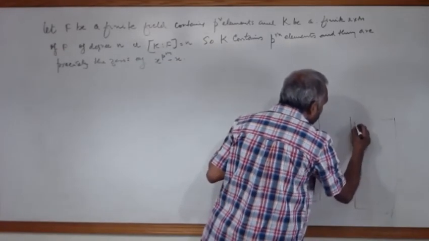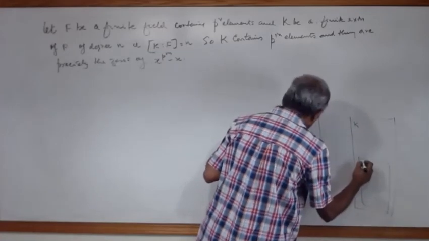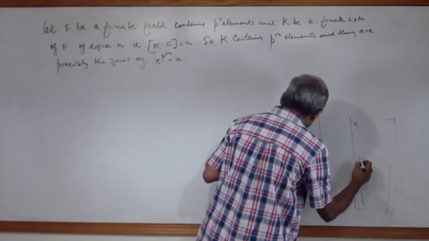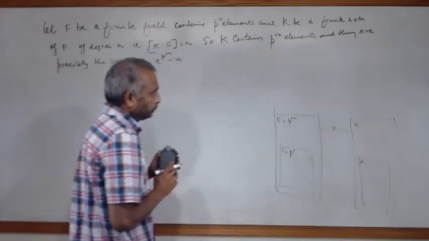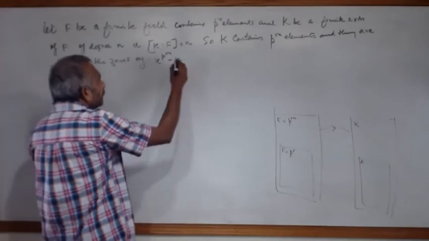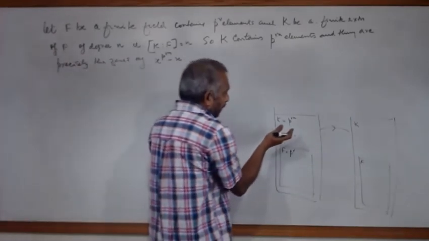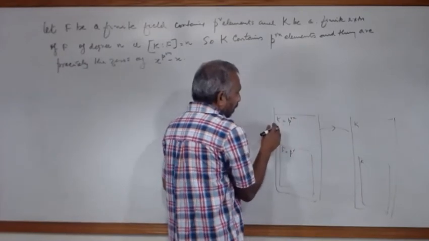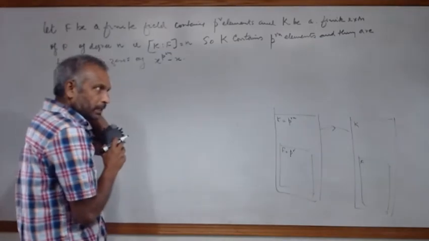And what we are going to do is we are going to find out the automorphisms on this. So let us consider automorphisms generated by the basis of the vector space K over F. There are n elements there.